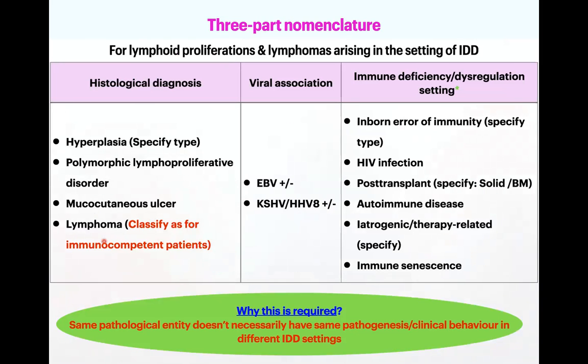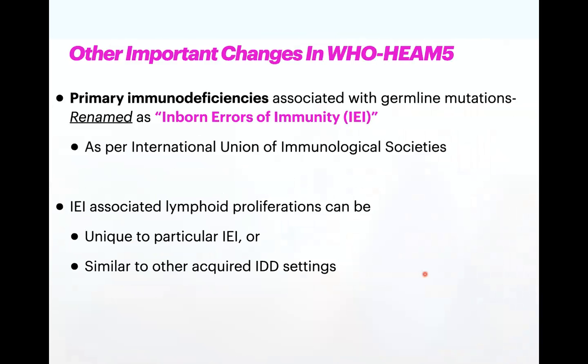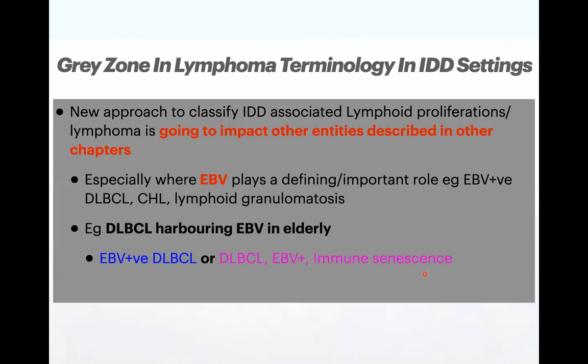So you have DLBCL as the lymphoma, it is associated with EBV, and your immune deficiency setting is immune senescence. So in these cases, how do you term it? Whether you call it EBV positive DLBCL, or you call it DLBCL, EBV positive, immune senescence. There is some ambiguity, and the article is not very clear on these things.